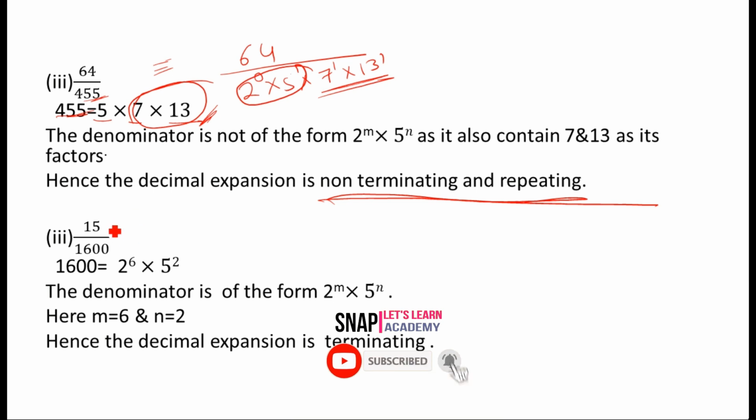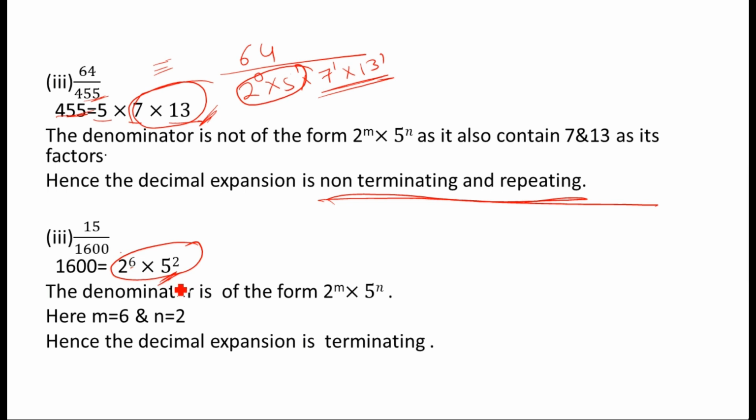Now, let's come to the next example, 15 upon 1600. On finding the prime factorization of 1600, we can write it as 2 raised to the power 6 cross 5 raised to the power 2, where 2 raised to the power m means m is equal to 6, and 5 raised to the power n means n is equal to 2.